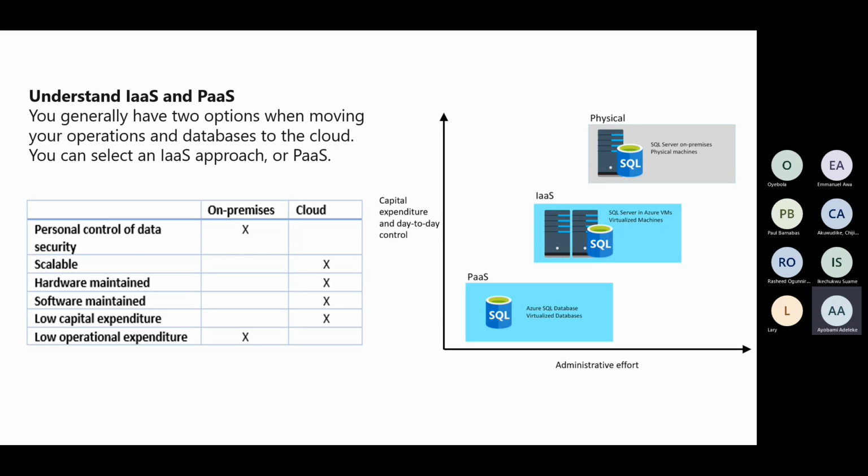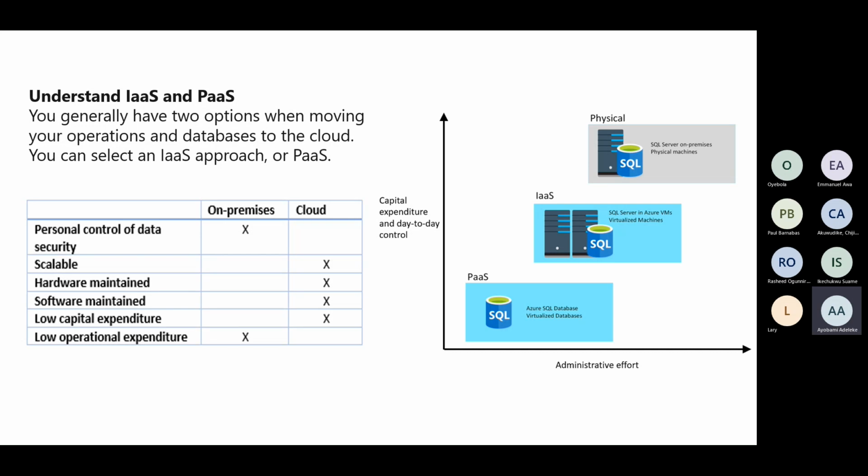But for the cloud, you can just spin up something that will work for your business now. And as the business grows, your data size increases, you can always scale up. But you can't do that. You don't have that privilege when you are working in an on-premises environment. So low operational expenditure. Okay, so when you do on-premises, operational expenditure is quite low, unlike the cloud part of it.